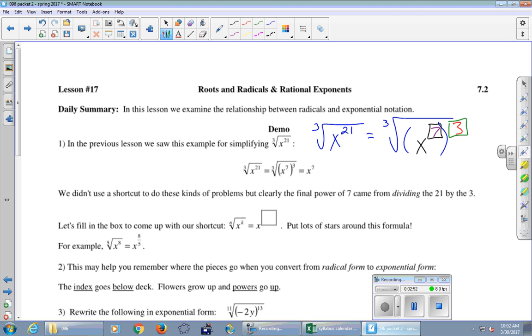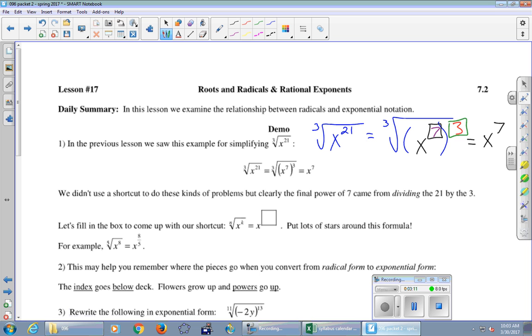Okay, and as we said, we've worked hard to make it so that the cube root and the cube are going to cancel each other. And so what's our final answer here? X to the 7, right? Just the stuff in the parentheses. Cube root and the cube all disappear, and you just get what's in the parentheses.